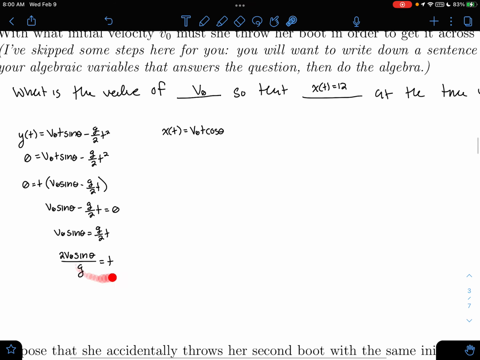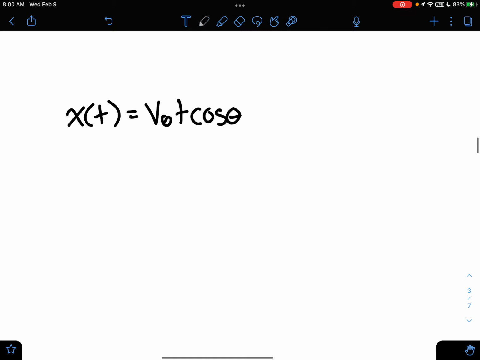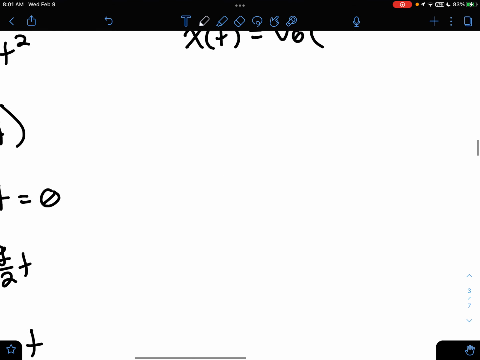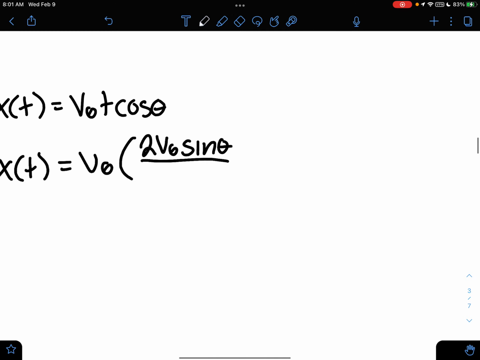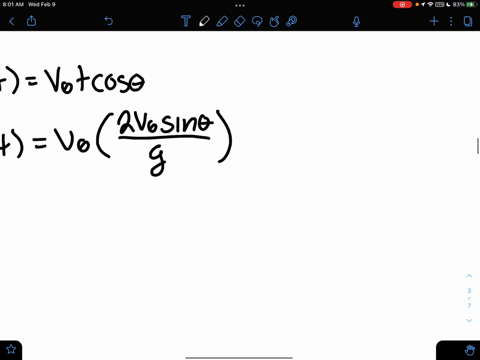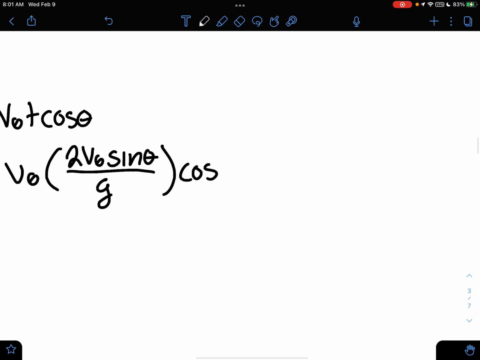So we're going to plug this time into our x equation, right? x of t equals v naught times 2 v naught sine theta over g times cosine theta.